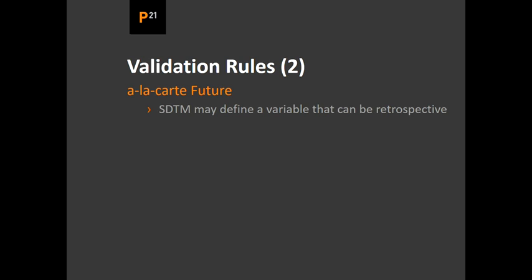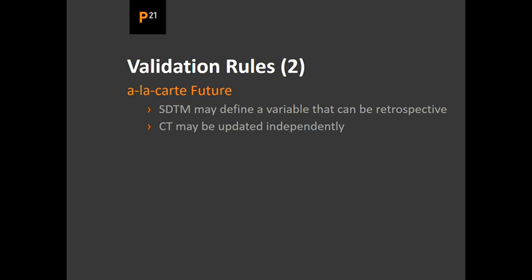A general observation class perspective allows you to use any variable in that general observation class in any domain within that general observation class. Now, that's not a definitive rule yet, but it is under discussion. At least the retrospective aspect of this is not definitive yet, but it is under discussion and likely to occur.